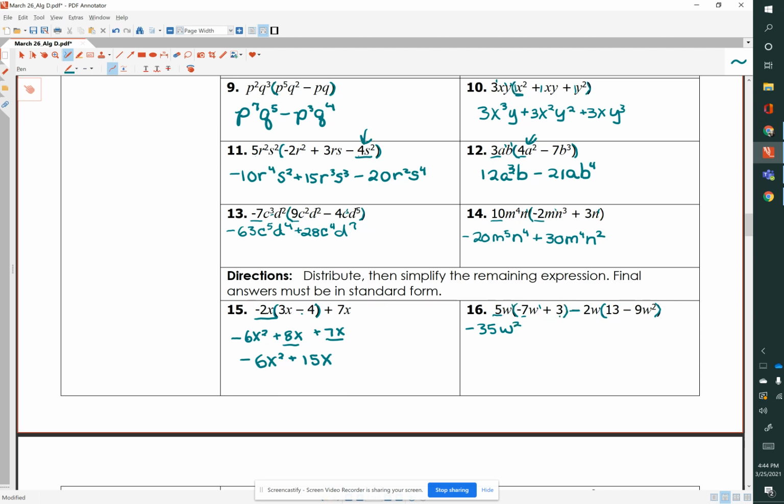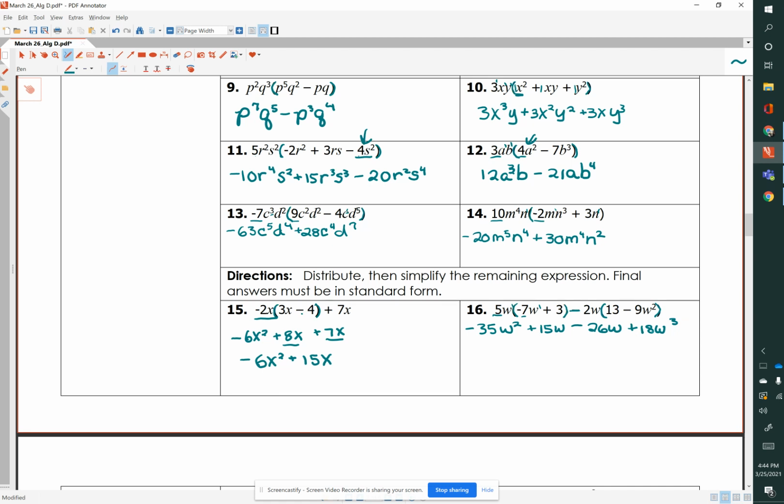Now 5w times positive 3 would be positive 15w minus 2w times 13 is 26w, and 2w times negative 9w would be a positive 18w to the third.